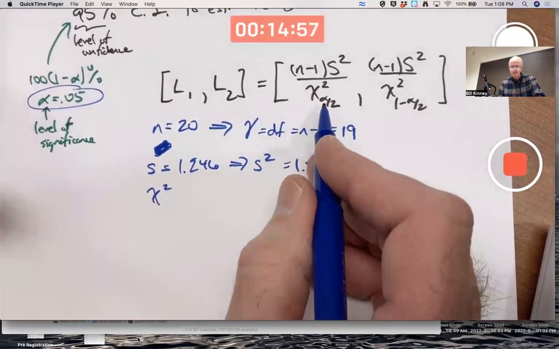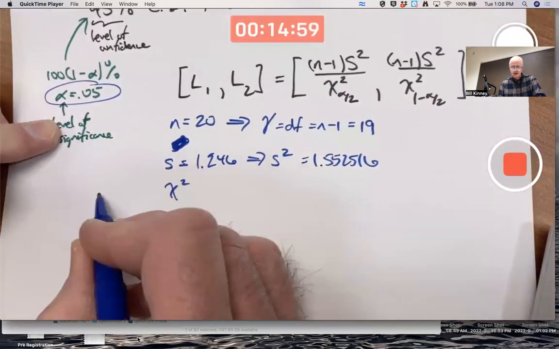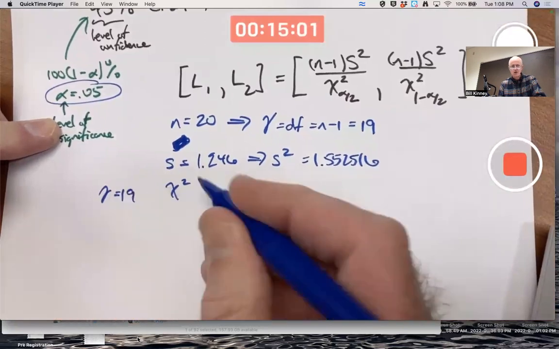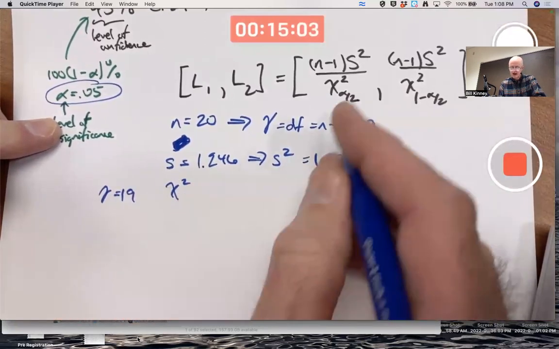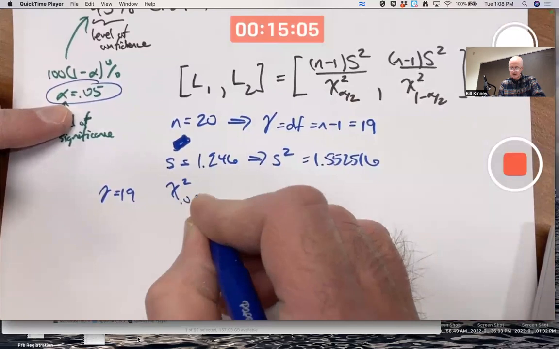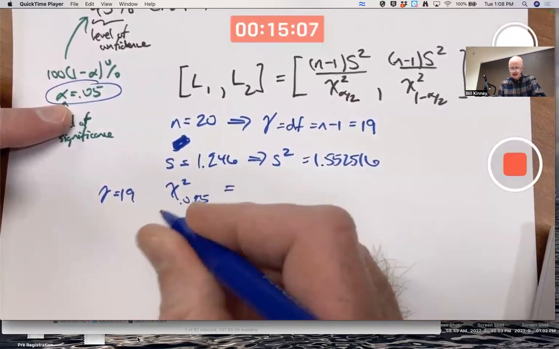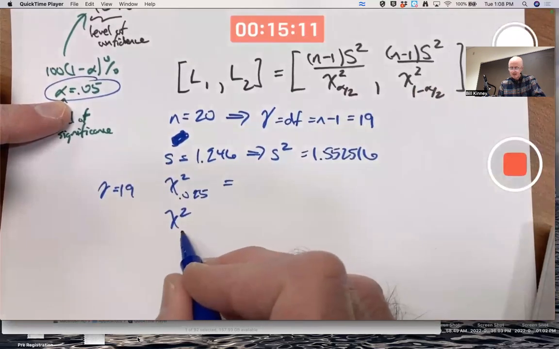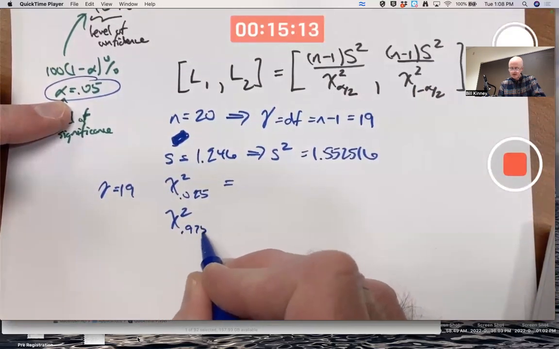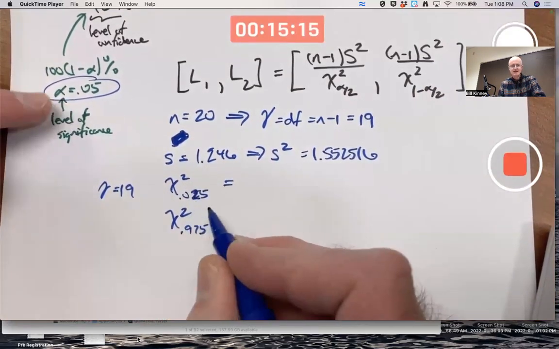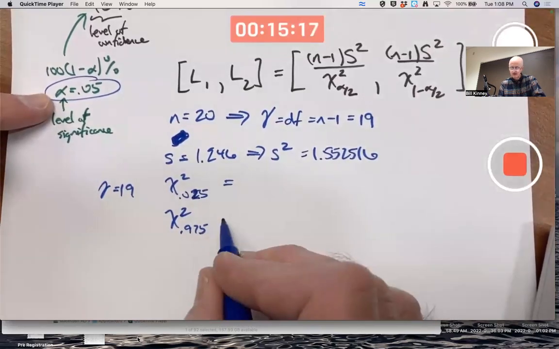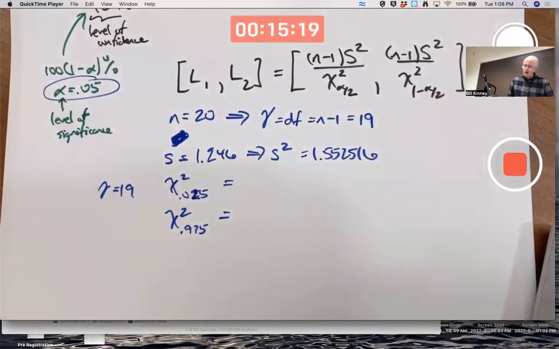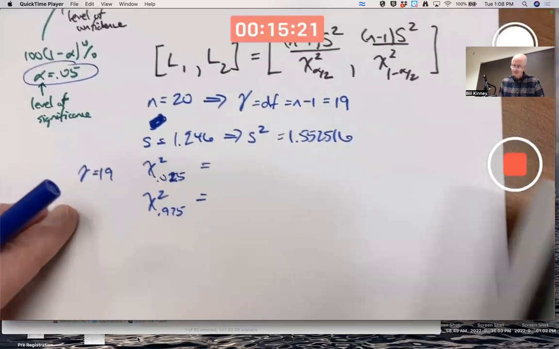Gamma, again, is 19. We're after chi-squared sub alpha over 2, which is 0.025, and 1 minus alpha over 2, which is going to be 0.975, because alpha itself is 0.05. Look it up in the table or use your technology.